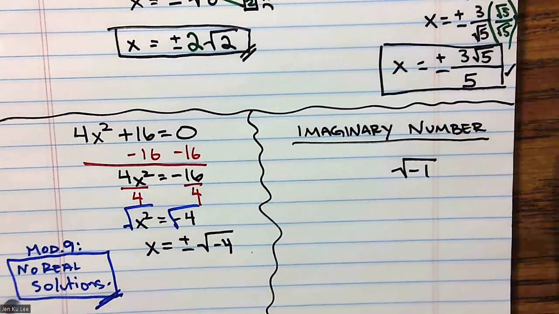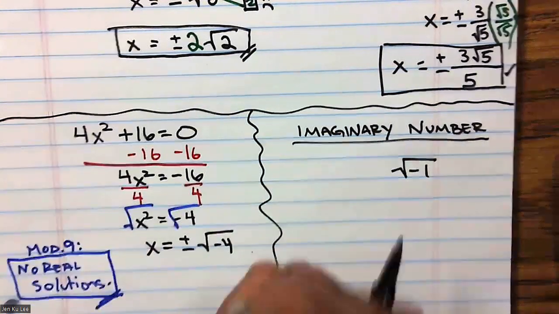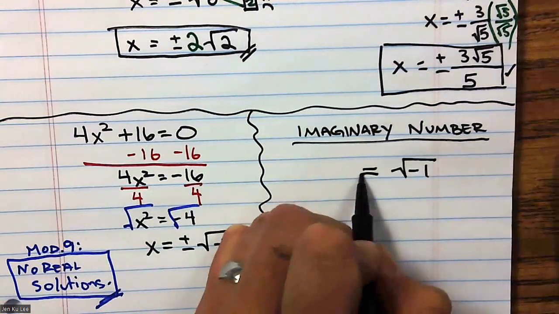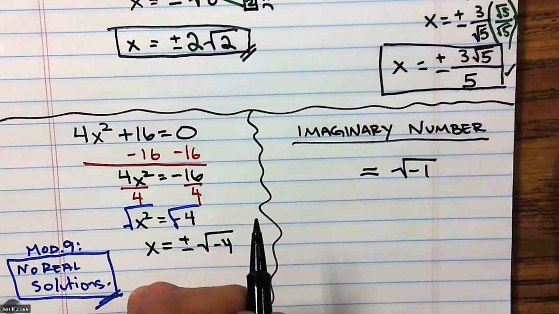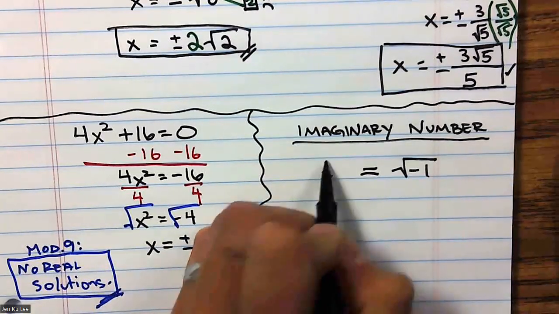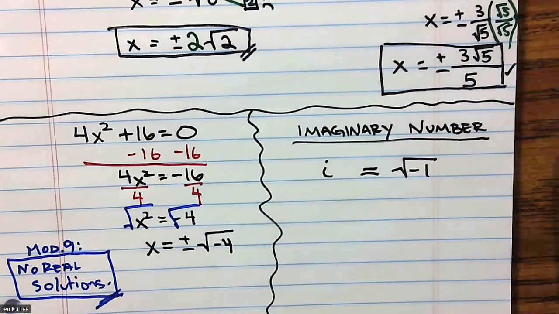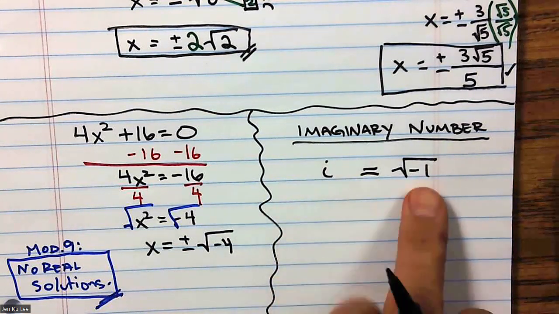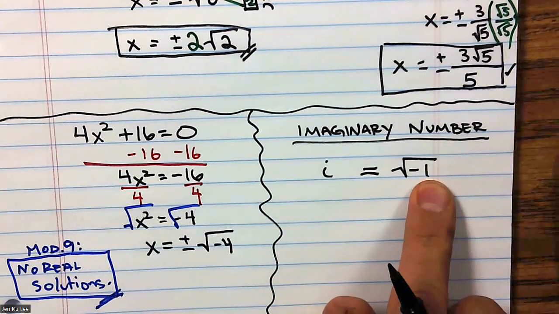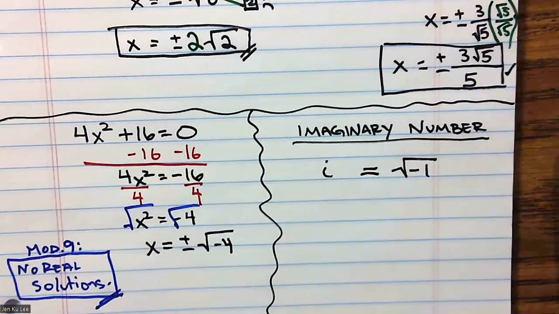Representation wise, it's just i, just the letter i for imaginary. So now we know that whenever I have a square root of a negative number, that's just i.